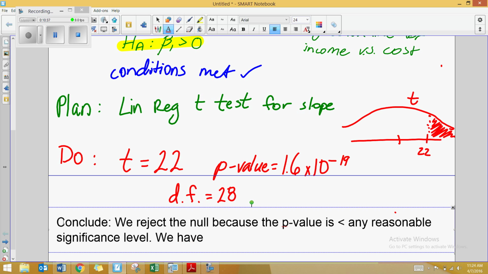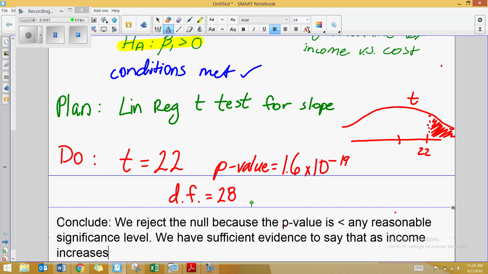So we have sufficient evidence to say that as income increases, the cost of a person's home increases.